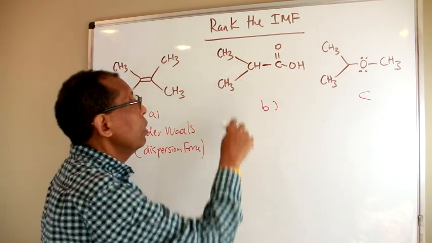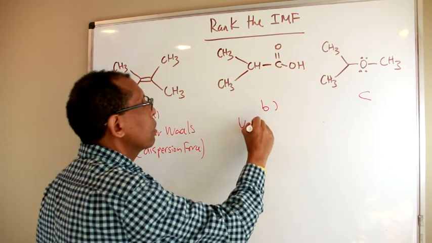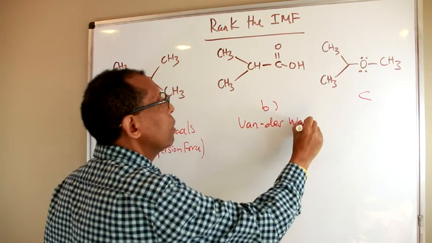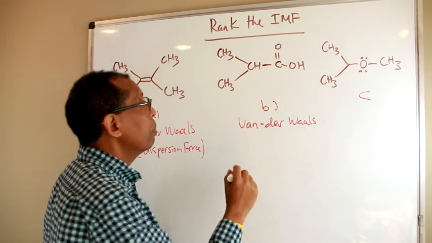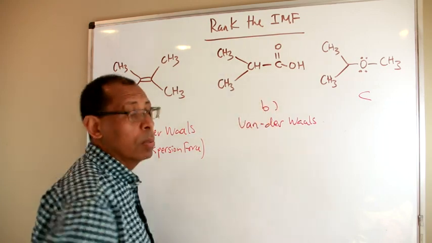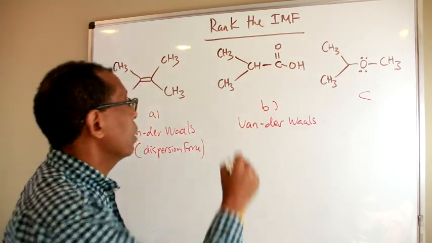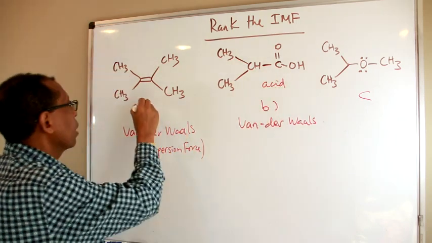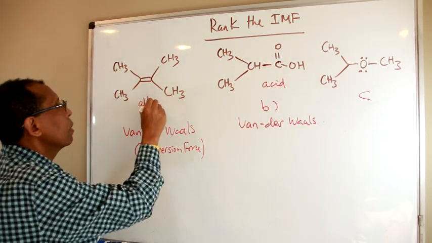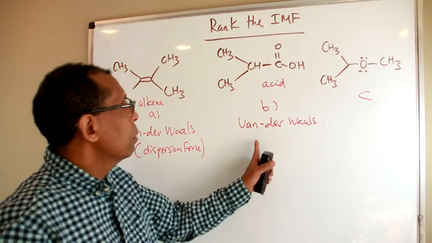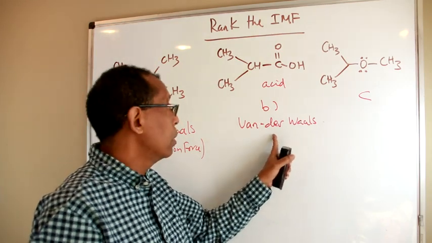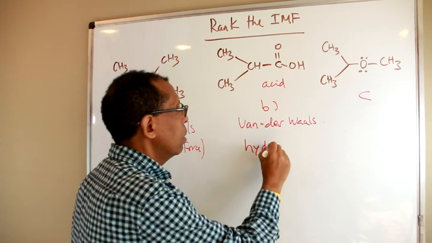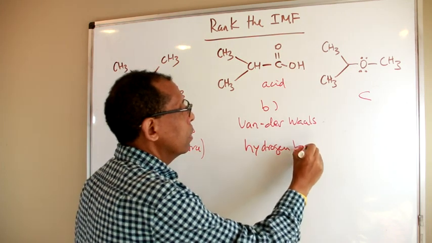In compound B, of course, van der Waals force exists, plus, in addition to that, as you see, this is a carboxylic acid. That's the functional group. This is an alkene compound. So, together with the van der Waals force, there is also hydrogen bonding.